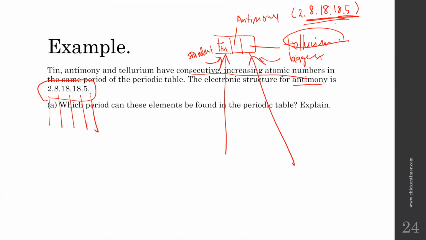That means tin has one less proton than antimony. So 2, 8, 18, 18, 4. And then this one, 2, 8, 18, 18, 6.